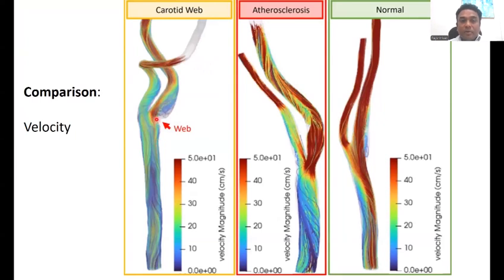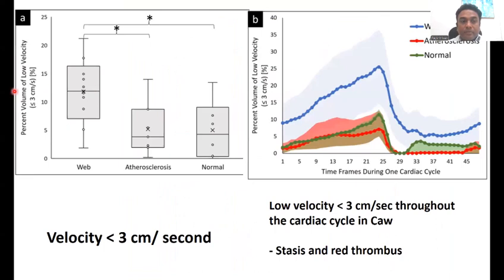If you see here beyond the carotid web, there's a large area where the velocity is less. If you look at atherosclerosis, there's no drop in velocity beyond the atherosclerosis. Whereas in normal patients, we do see some drop in velocity beyond the bifurcation, but this is much smaller as compared to the web.